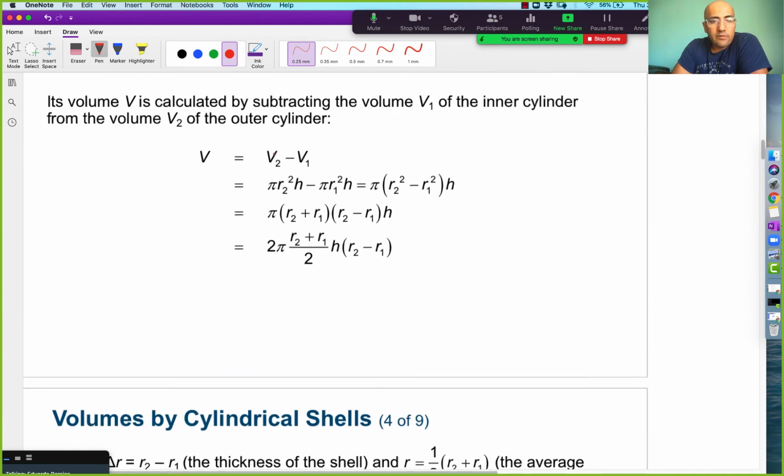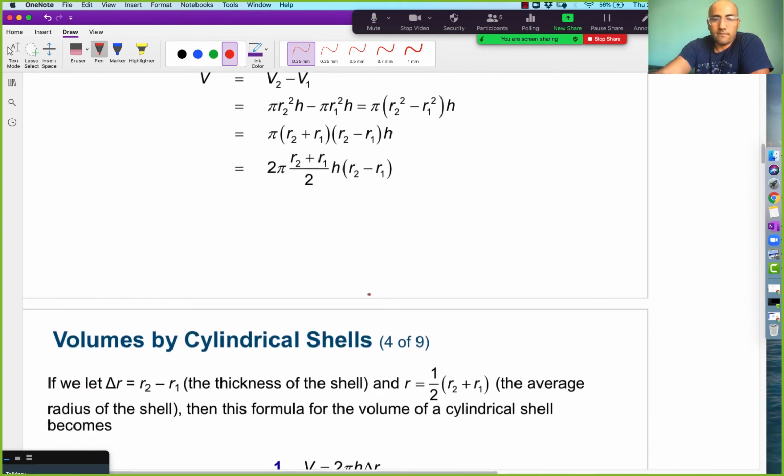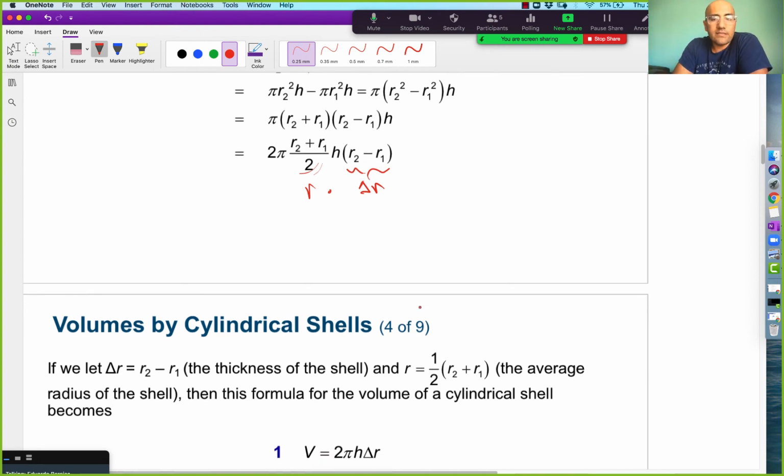Remember, we did the volume of the outside minus the volume of the inside. We subtracted them, we factored, and then this can be thought of as the mean r value between the two, and this is the delta r. This is just r as we did it in our picture, the average of the two radii.